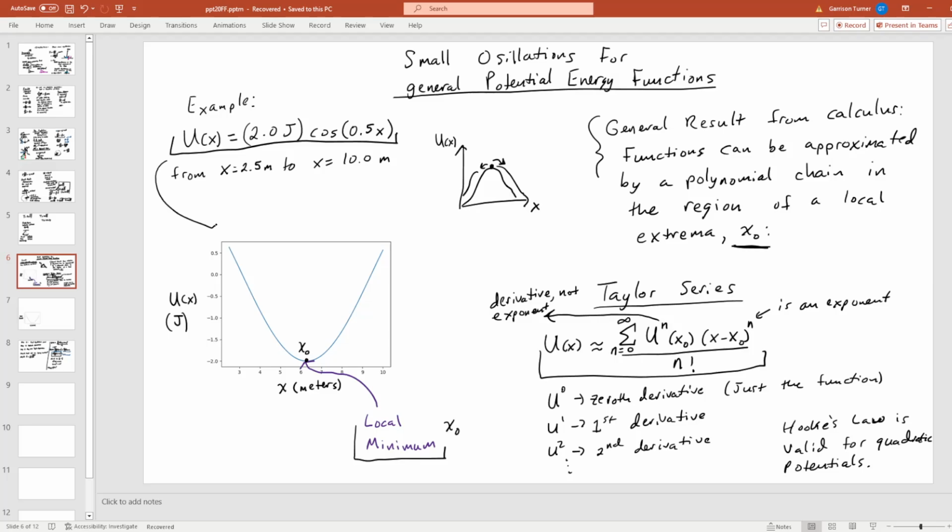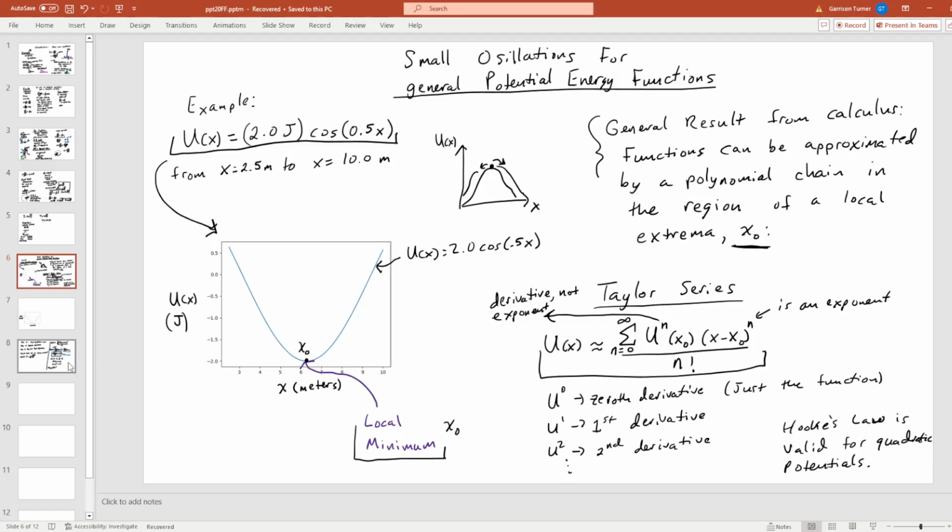And this is what's plotted right here. The blue line is that function right there.